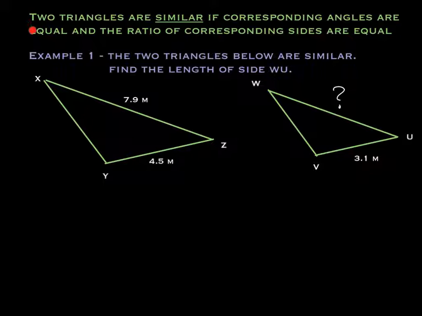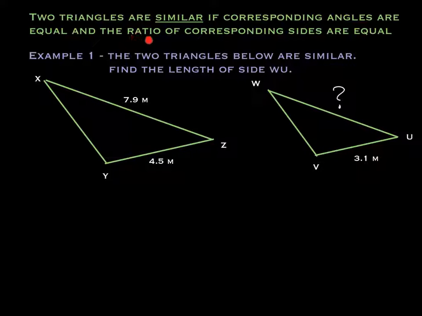Now let's go back up to that definition. Two triangles are similar if corresponding angles are equal, which we already dealt with. But this second part, the ratio of corresponding sides are equal, is what we're going to use to solve for this missing side. Let's break down what that means.